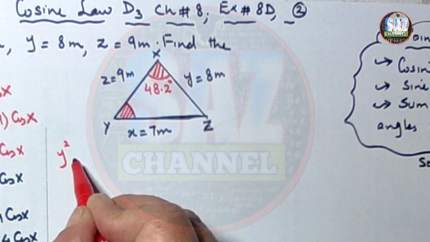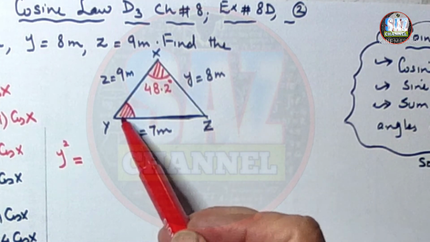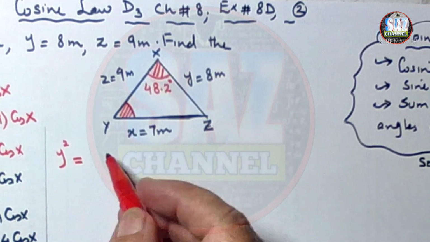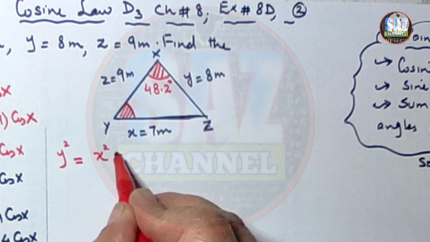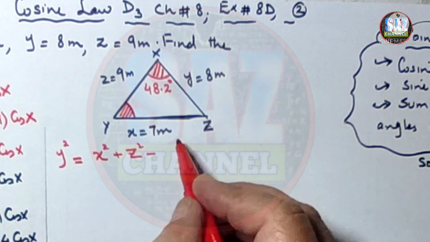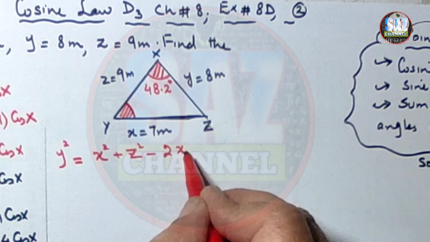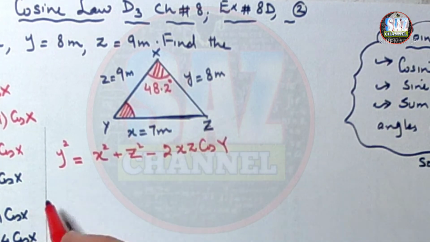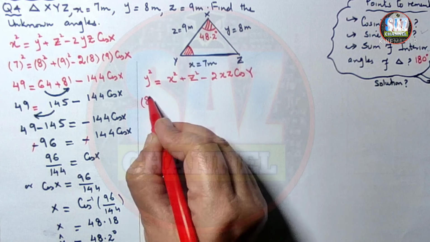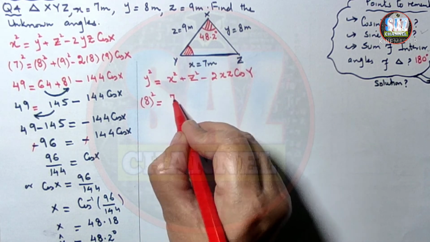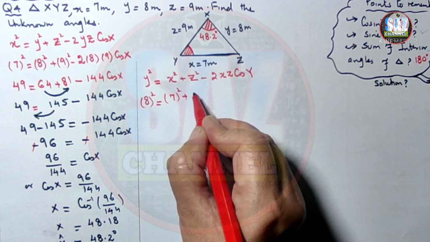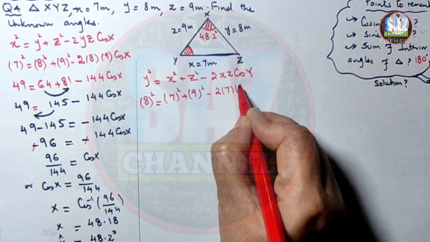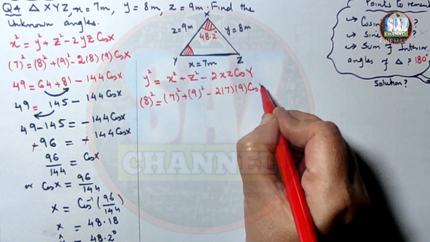y square equals... look students, if I want to find the value of angle y, then I will be keeping the length y over here and then the rest: x square plus z square minus 2 into x into z and cos of angle y. y has the value 8 square. 8 square equals x is 7 square plus z is 9 square minus 2 into 7 into 9 cos of angle y.